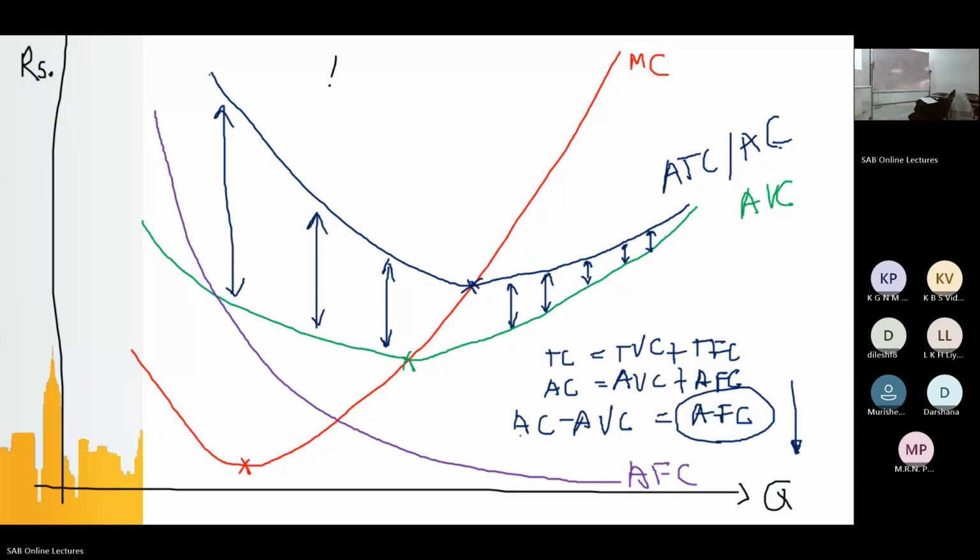Why is that? What is average fixed cost? Average fixed cost is total fixed cost divided by quantity. Can total fixed cost take negative values? No, it's always positive. Can quantity take negative values? No, it's always positive. So a positive value divided by a positive value, average fixed cost is always positive.